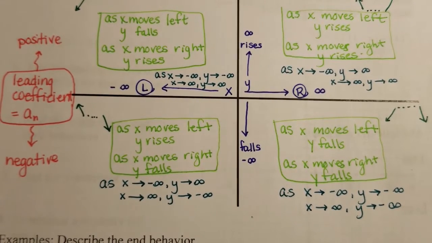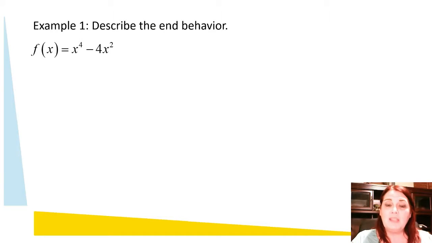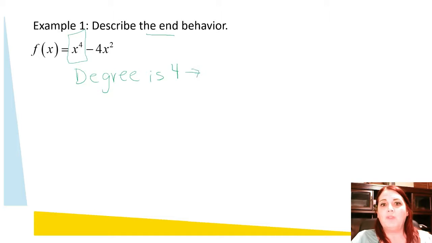So let's take a look at a couple of examples. We're going to use that leading term test that we just went over to determine the end behavior of x to the fourth minus 4x squared. This is my leading term. The degree of this leading term is 4, which is even, and the leading coefficient is 1, which is positive.